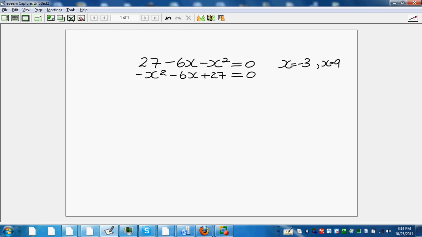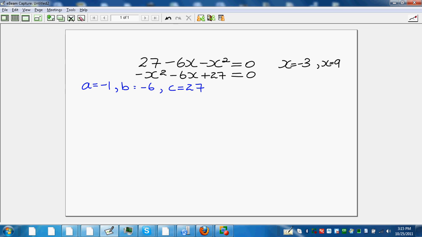So if we have to solve this, we first of all have to identify what is A, what is B, what is C, and then we use it in the equation. Now in this one, A is equal to minus 1, B is equal to minus 6, and C is equal to 27.